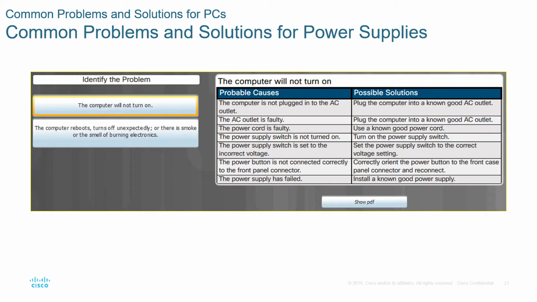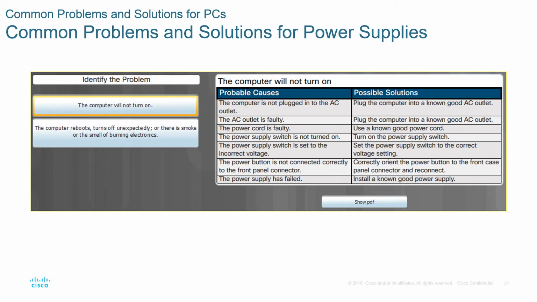It may be because the AC outlet is faulty, the power cord is faulty, or the power supply switch is not turned on. It also might be because the power supply switch is set to the incorrect voltage, the power button is not connected correctly into the front panel connector, or the power supply has failed.